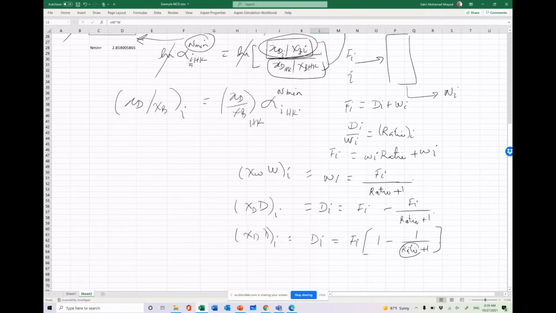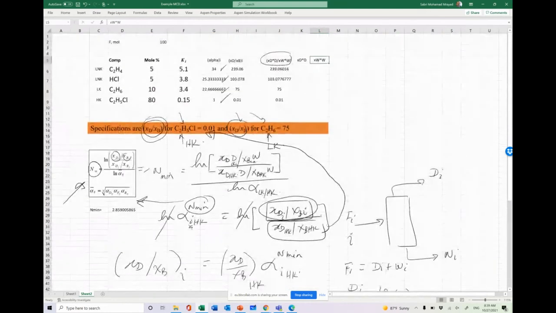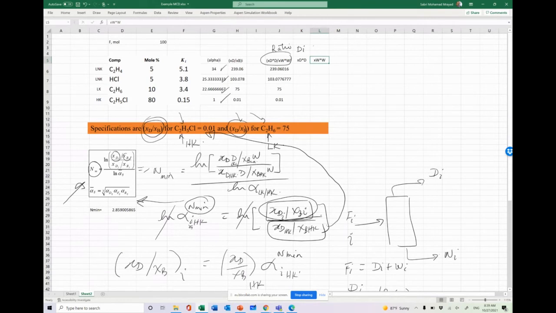So now I know the ratio and I know the flow rate based on the total flow rate assumption. I can write the equation to get, so this one is basically the ratio here, and this one is Di, this one is Wi, and this one we can say Fi, which is x feed multiplied by the total feed.